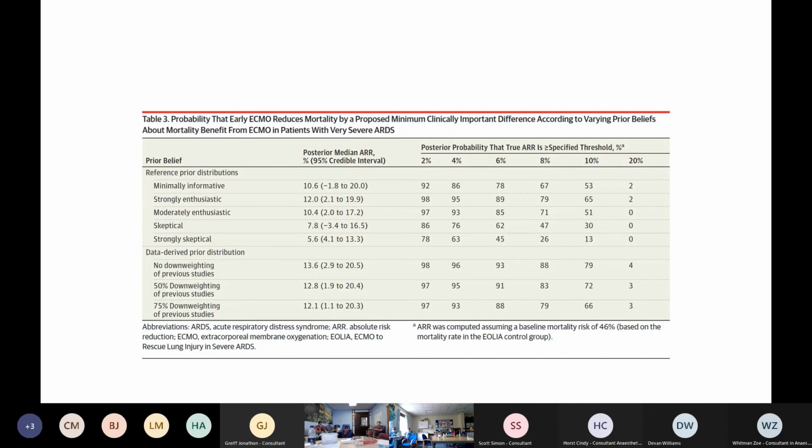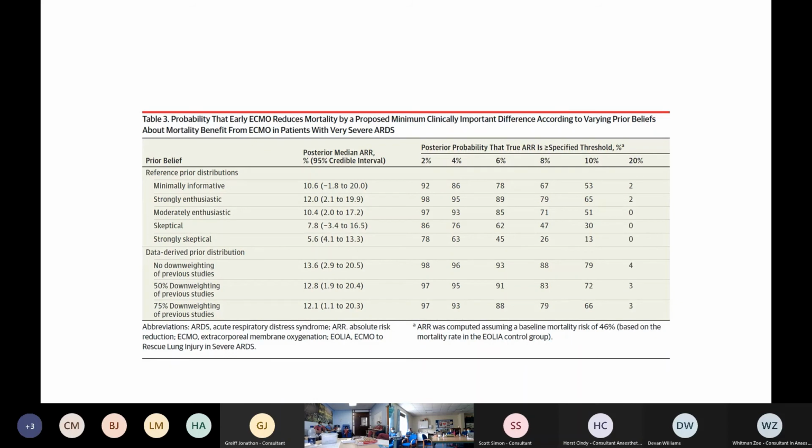So you've now created a table with a construct, and you can approach that depending on your interpretation of the previous information and your bias and your attitude towards the other evidence and the studies beforehand to interpret the study data. And actually, by Bayesian analysis, there is no doubt that ECMO reduces mortality, which is the real conclusion from the study.